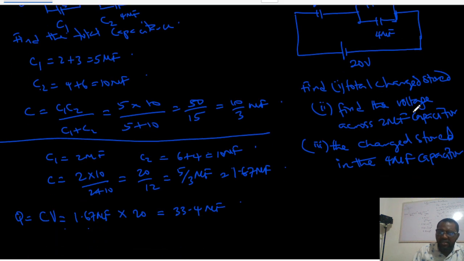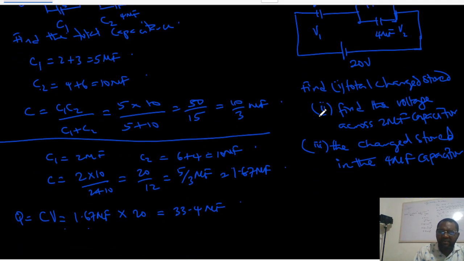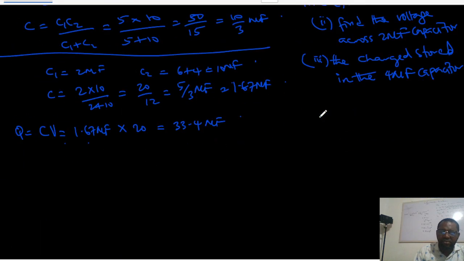The next one says the voltage across the 2 microfarad capacitor. Because they are in series, they have different voltage. I already mentioned that earlier. Let's say the voltage across this is V1 and the voltage across this is V2. So I can find V1 and I can find V2. I can say that V1 is equal to Q over C1. Remember our formula, voltage is simply charge over capacitance.